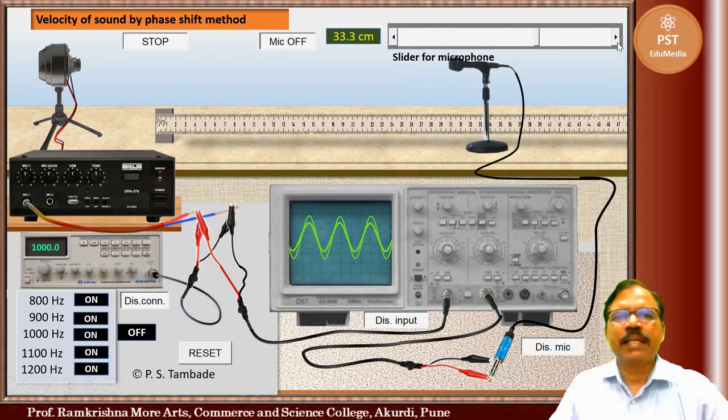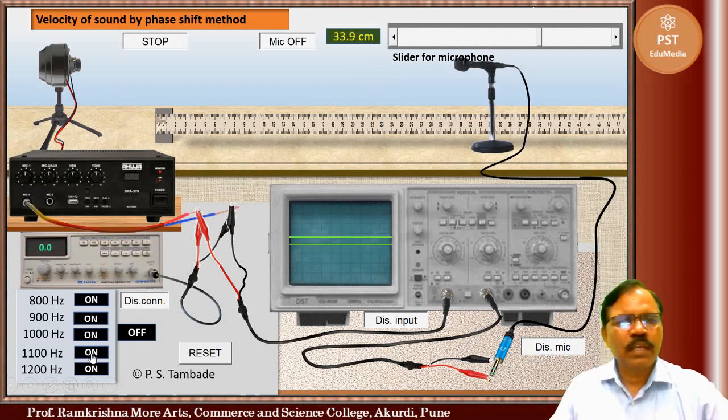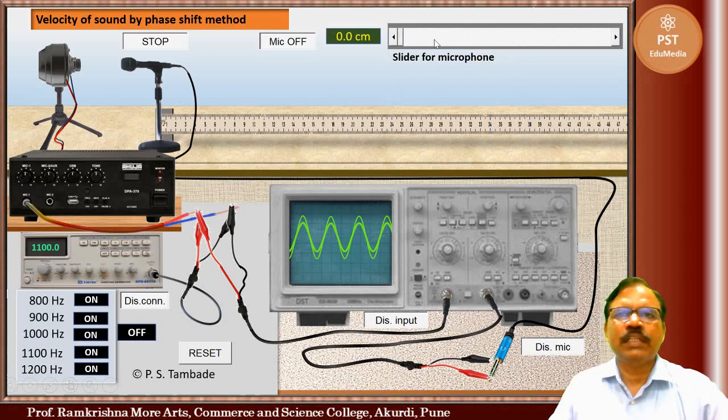Make a fine adjustment, and you will get 33.9. Okay, note down this reading, then turn off this sound. Then we'll go to 1100 hertz. You can move the mic to its initial position. Now move this.